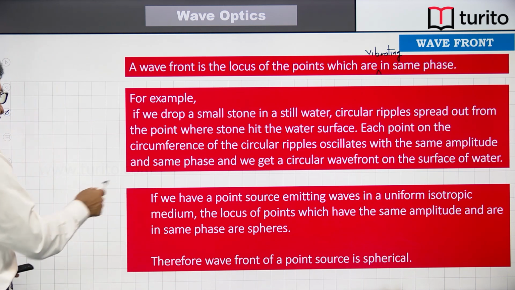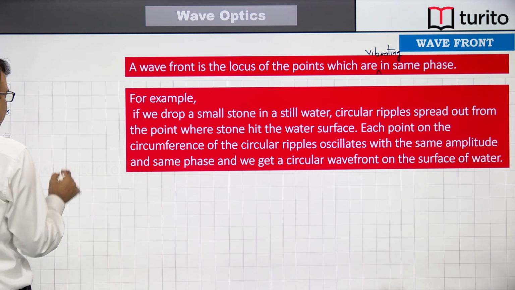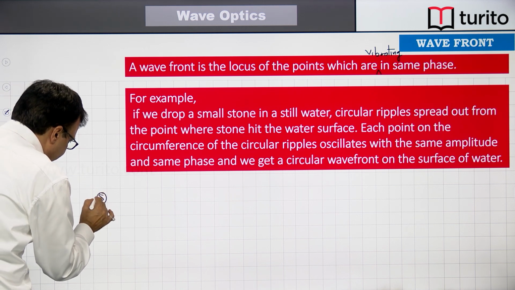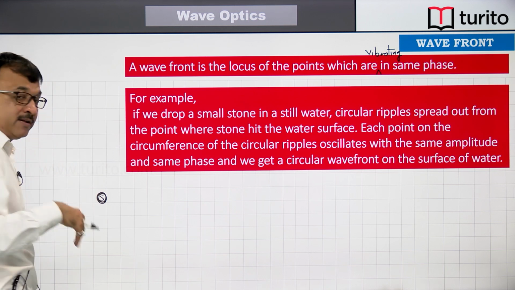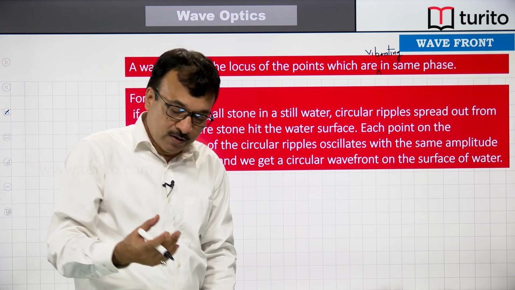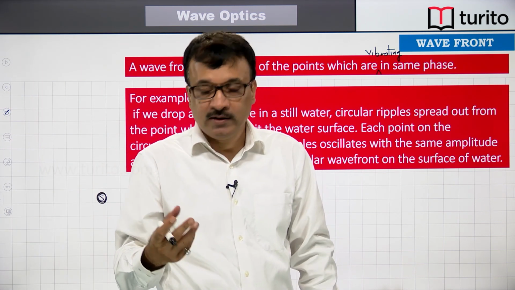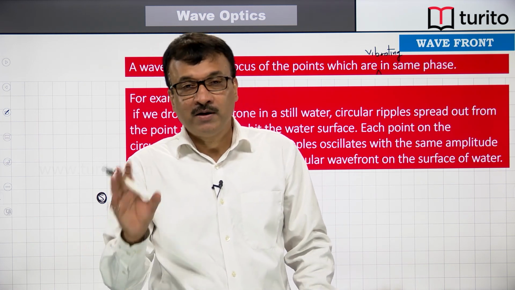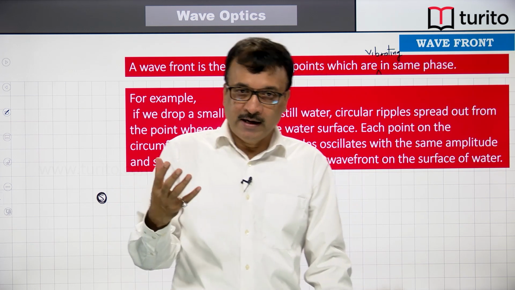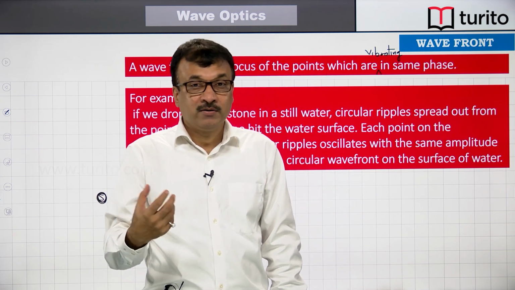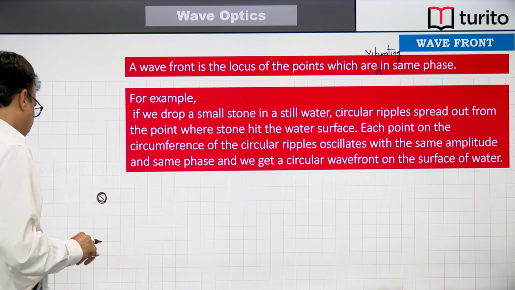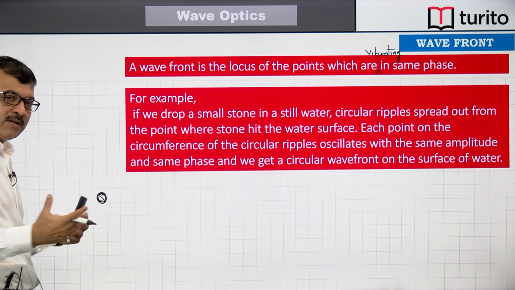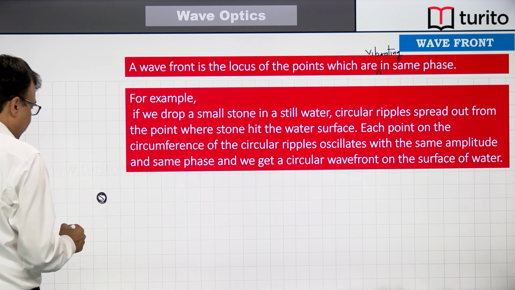This statement is saying that if you consider a point source, and this point source is oscillating, whether these oscillations are at atomic level or molecular level, light energy is emitted due to the oscillation in the light source. So this source is oscillating and emitting light in all possible directions.